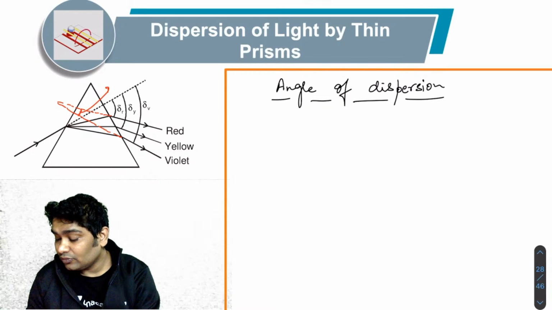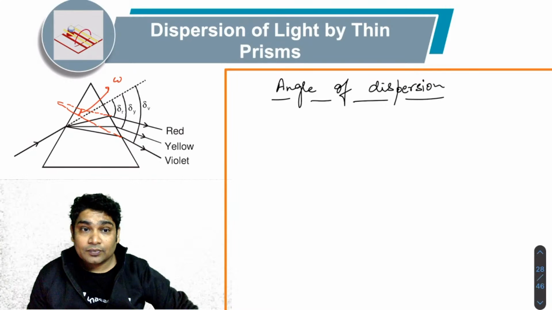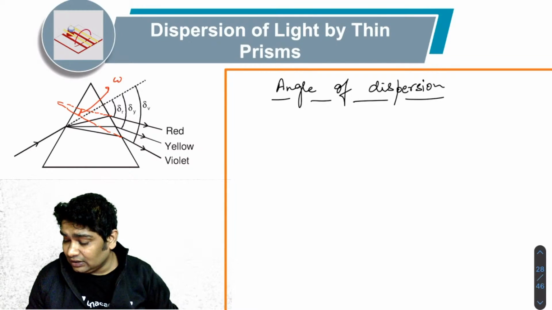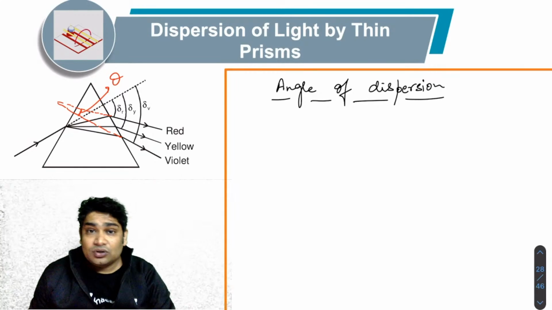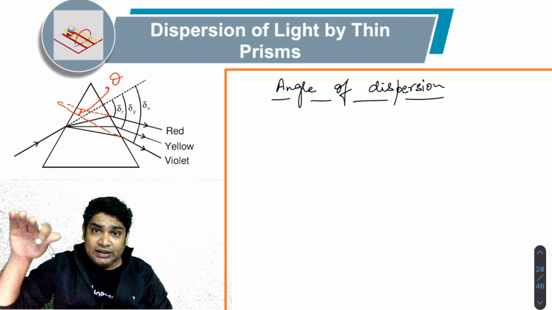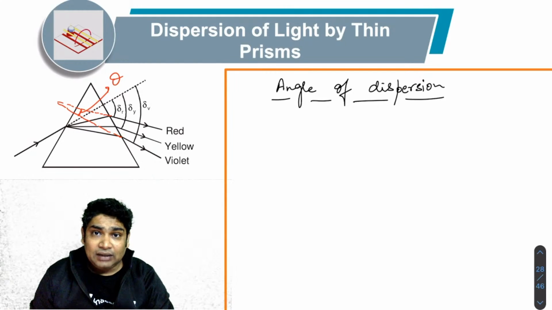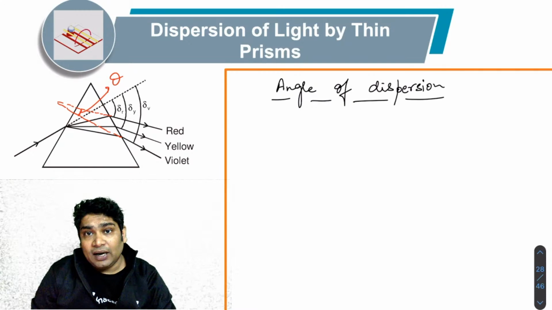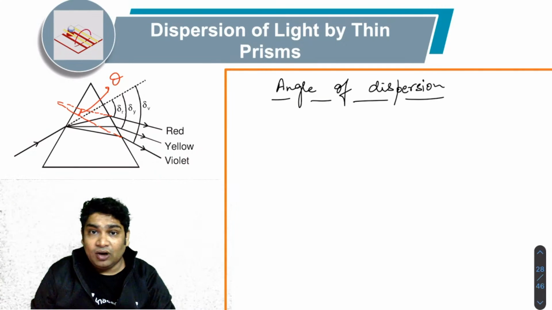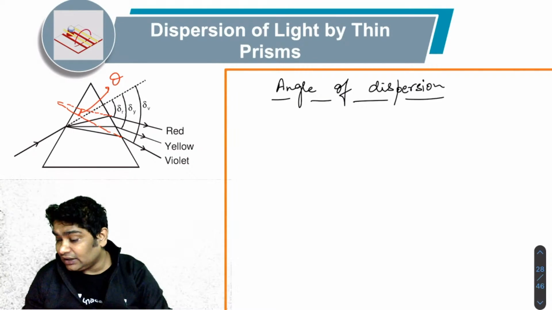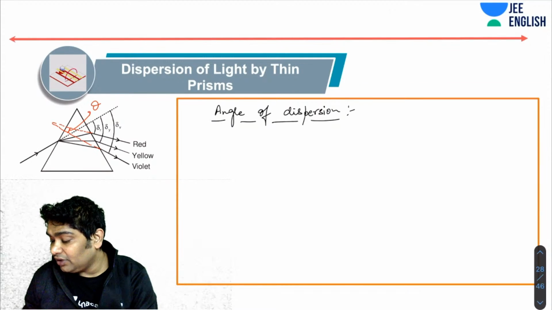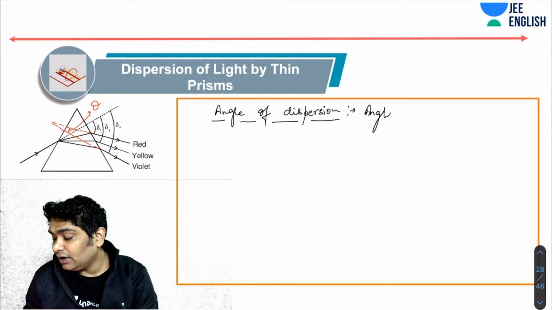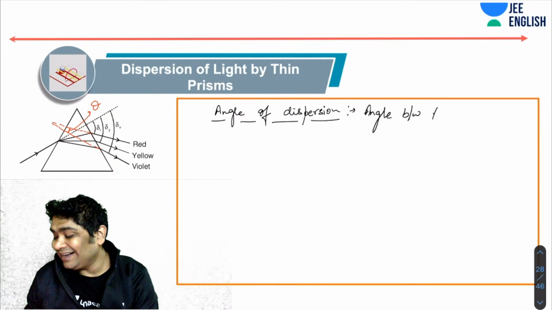Let's call it theta. So how do you calculate this angle? Originally all the light rays were traveling in one path. Now the red ray got turned by delta R and the violet ray got turned by delta V. So can I say that theta, the angle of dispersion, is the angle between the red light and the violet light?